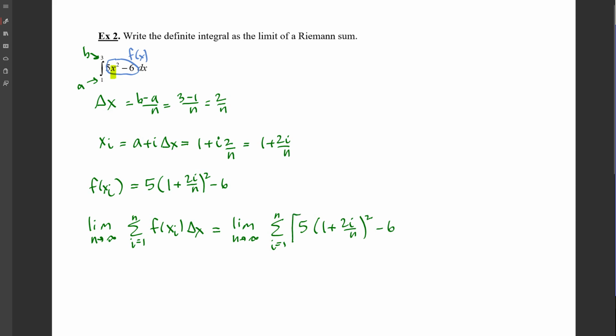This actually needs a bracket because I'm going to take that whole f of x and multiply it by delta x. My delta x is up here, it's my 2 over n. So I will multiply everything by 2 over n. And that is how I write this definite integral as a limit of a Riemann sum.